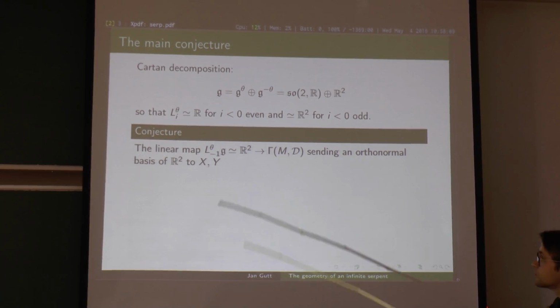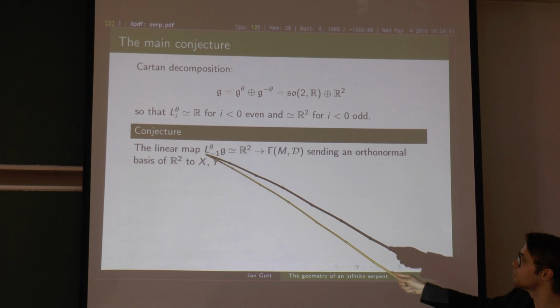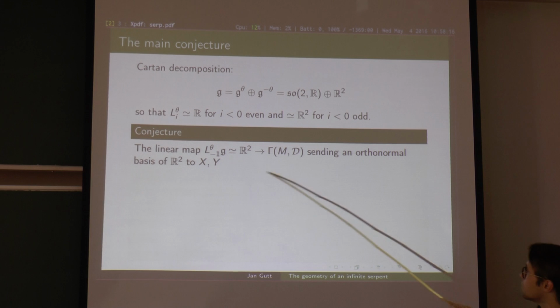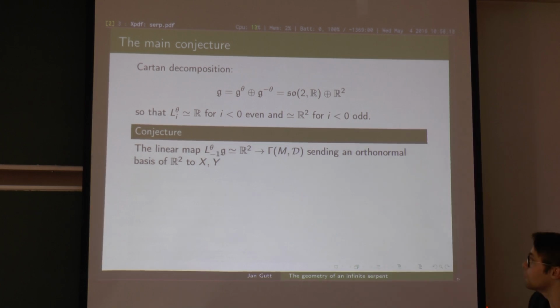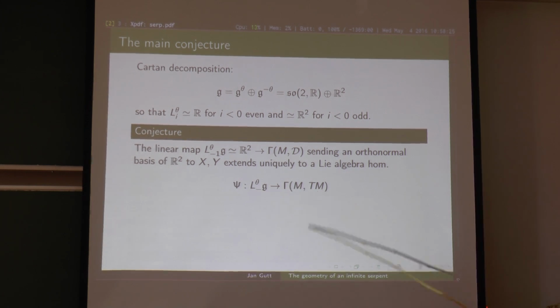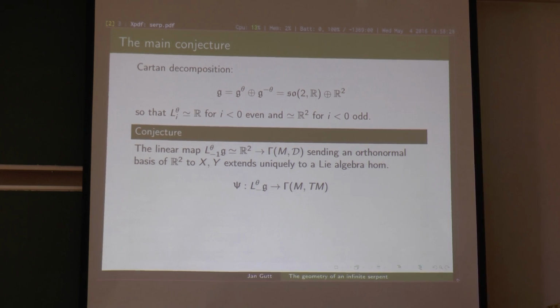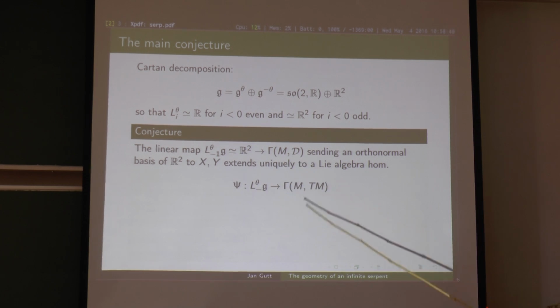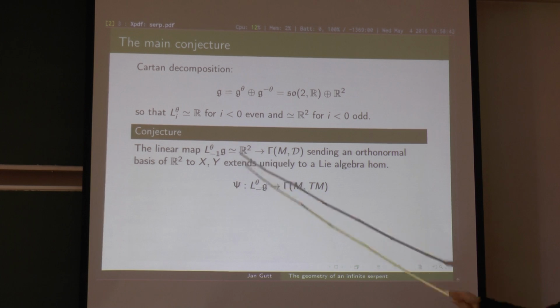Now, an important fact is that this entire negative subalgebra is generated by its degree -1 part. So this map, in principle, should give me a map from the full negative part of the twisted loop algebra into vector fields on the configuration space. It does so if the relations are satisfied. And I claim, that's a conjecture, that it does extend. Uniquely is obvious, there is just one way to extend it. The non-trivial part is that it does extend.